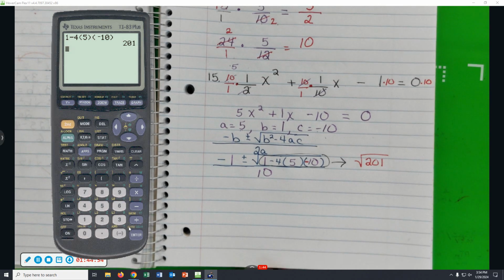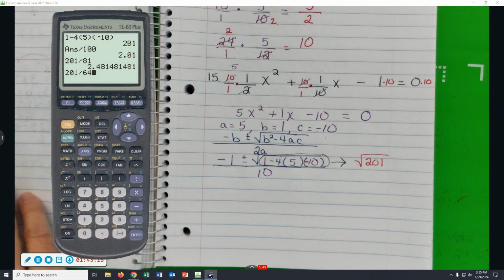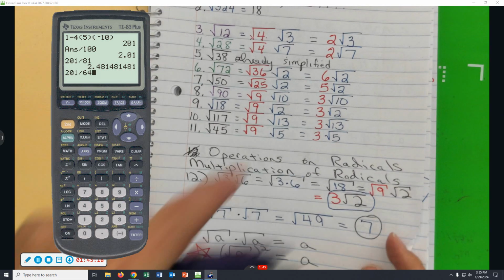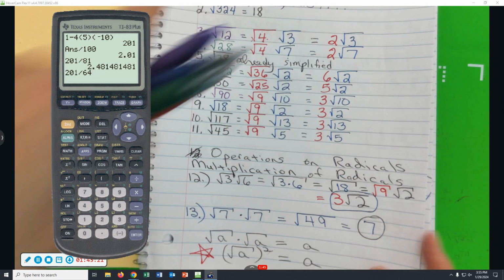Let me get this out. Oh gosh, perfect squares. What divides into 201? I started going through, divided by 100. No, that's not going to go evenly. 201 divided by 81. No, 201 divided by 64. I'm just going through the list of perfect squares, starting with 100, going back.